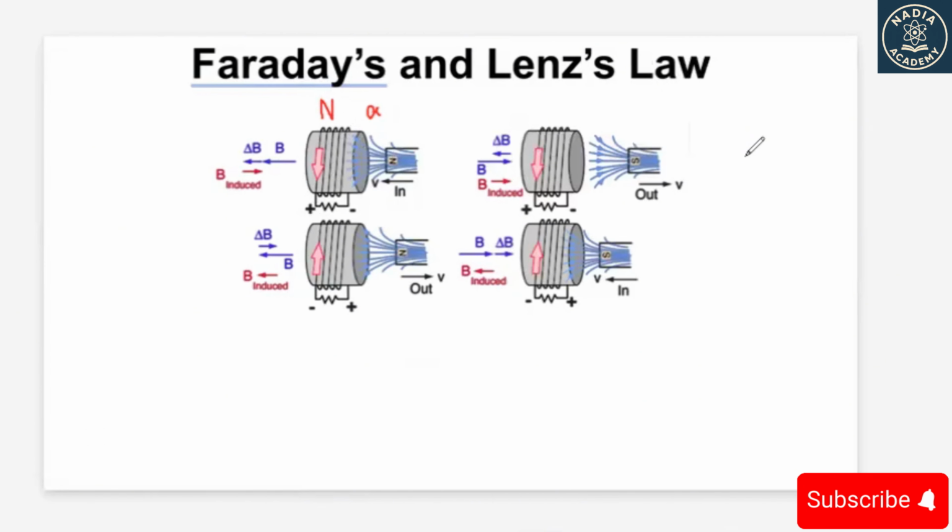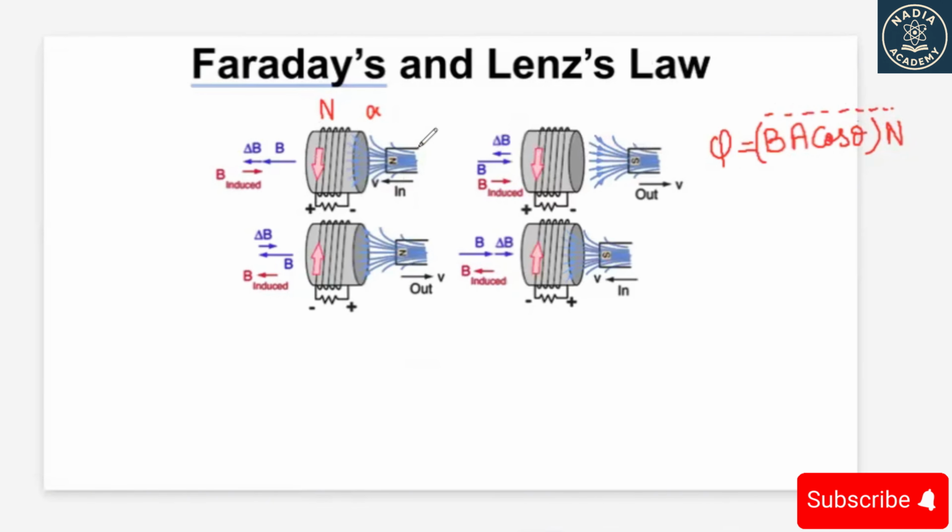So the flux which will be linked with this coil we calculate with this formula: phi is equal to magnetic flux density times cross-sectional area times cos of theta, times the number of turns N, because every turn has the effect of the linkage of the flux. So the total flux for this coil must be calculated using this formula where we have a capital N, and this capital N is the number of turns.